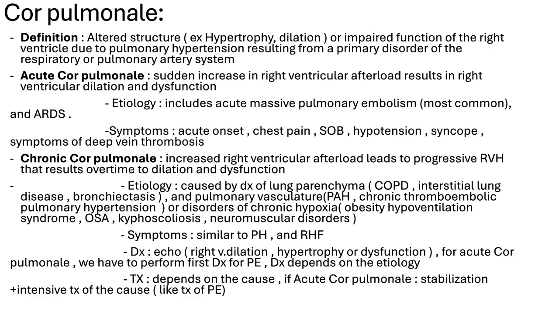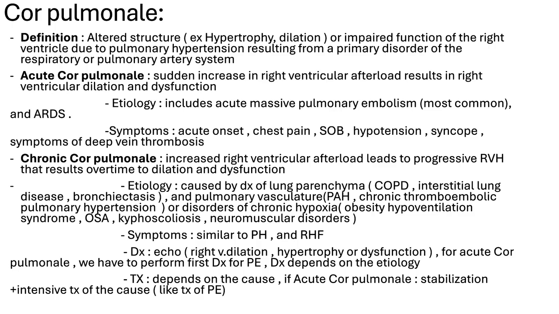For acute, of course, it's a sudden increase in the right ventricular overload, leading to right ventricular dilation and dysfunction. This can be caused by an acute massive pulmonary embolism, which is the most common cause, or for example, acute respiratory distress syndrome. The patient will have an acute onset with chest pain, shortness of breath, hypotension, syncope, for example.